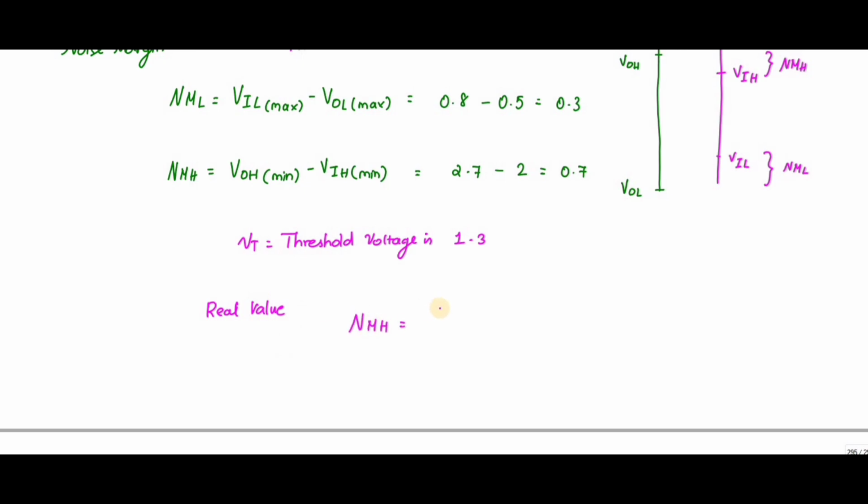NMH is VOH minus VT, and NML is equal to VT minus VOL.